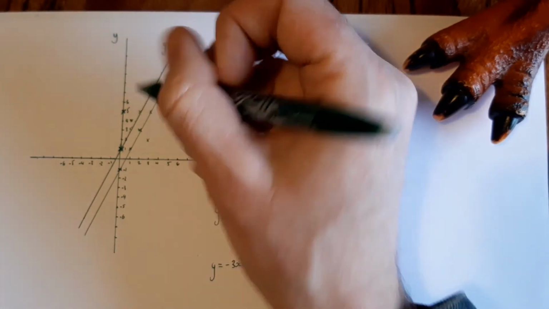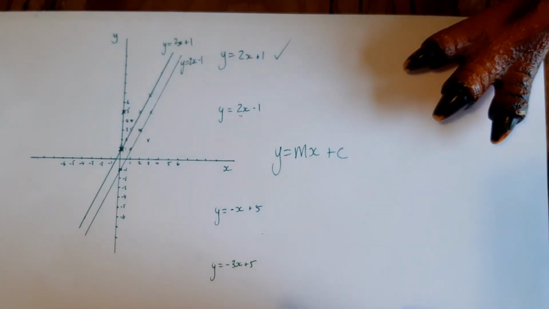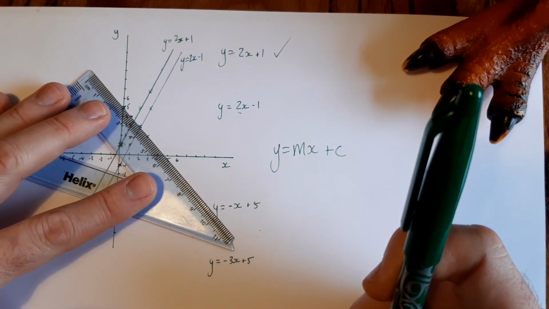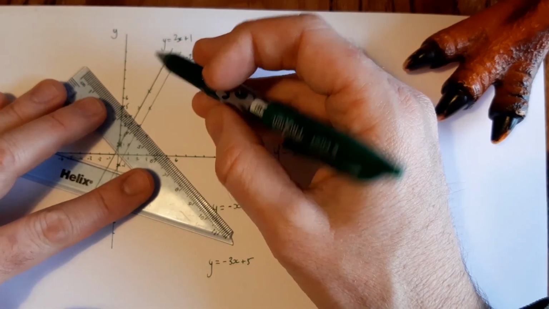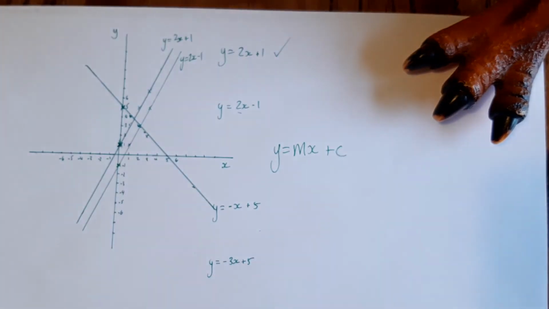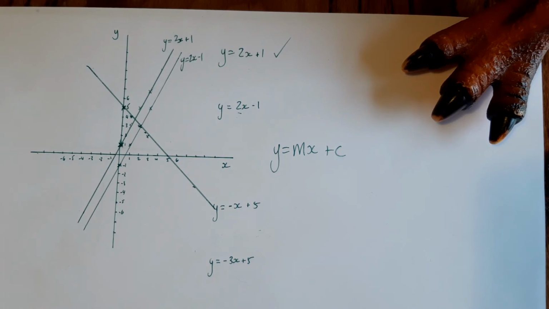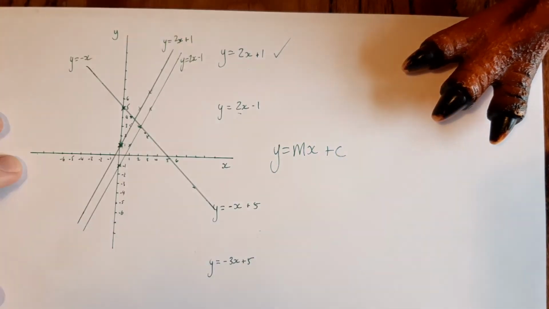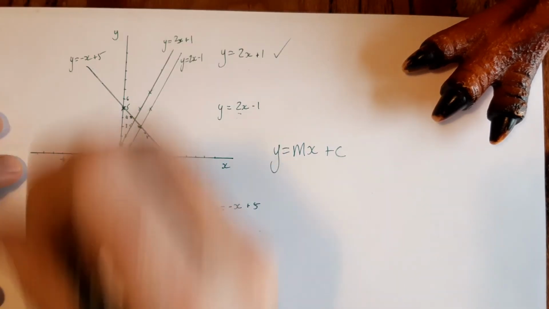Once I've got a few plotted, I don't really need many more. It should turn out a little bit like that. I'll make it a fairly big one, and put my label up there: y equals -x plus 5.